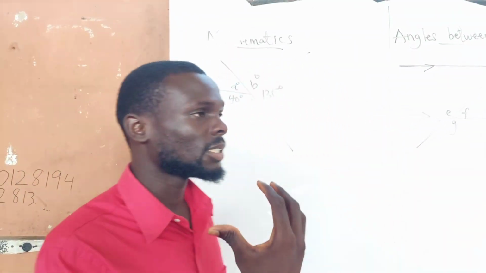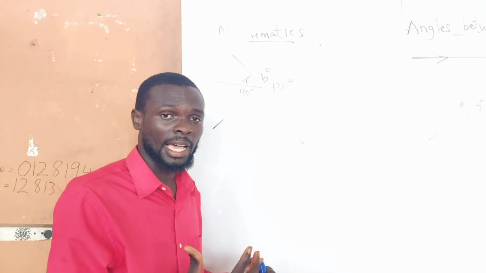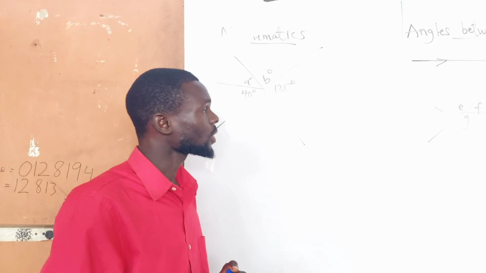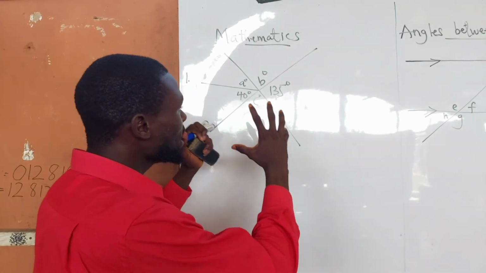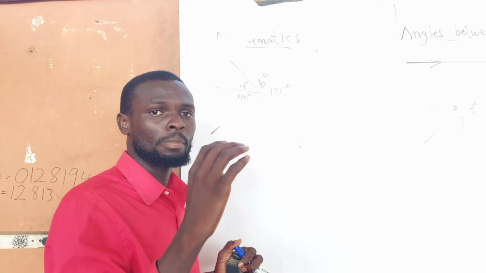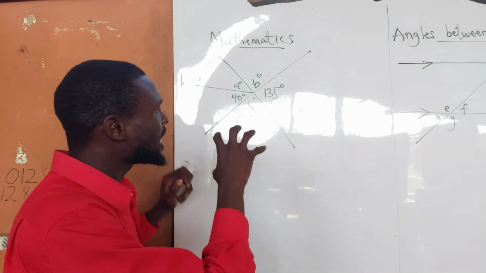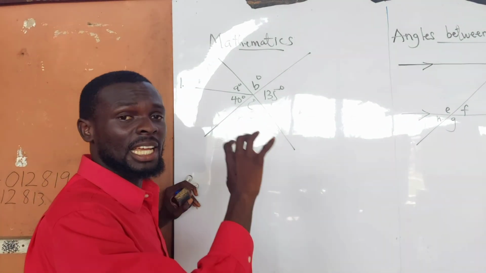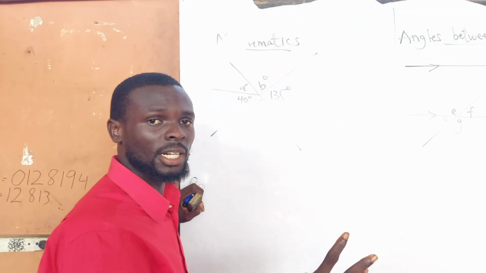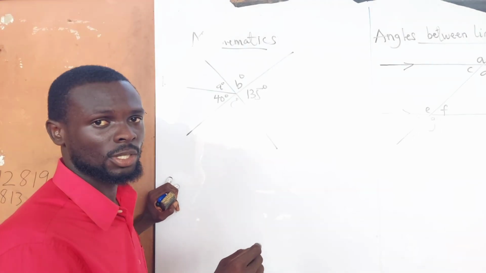Last week we looked at vertically opposite angles, angles on a straight line, and angles at right angle. Now, when you are being given the diagram to find a missing value or a missing angle, what you have to do is try and check if you can identify all the types that you know, being right angle, angles on a straight line, and vertically opposite angles.